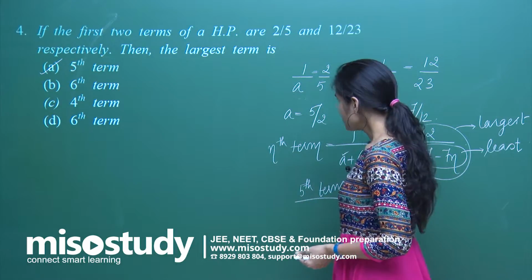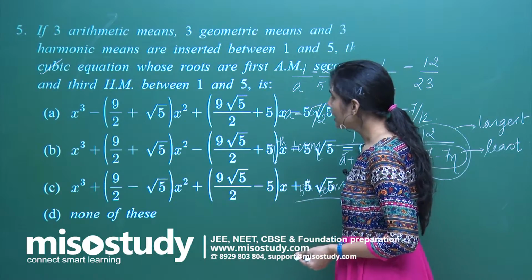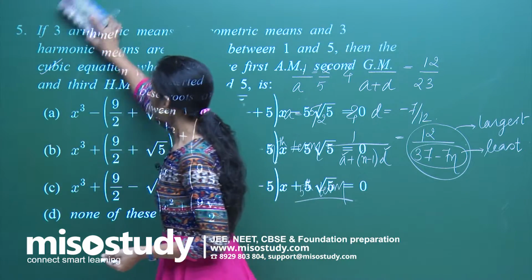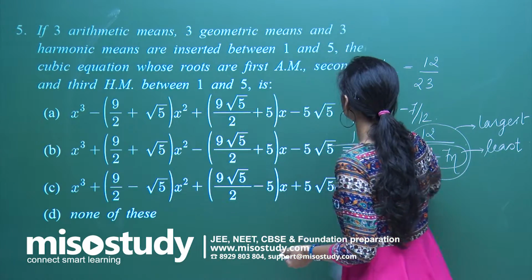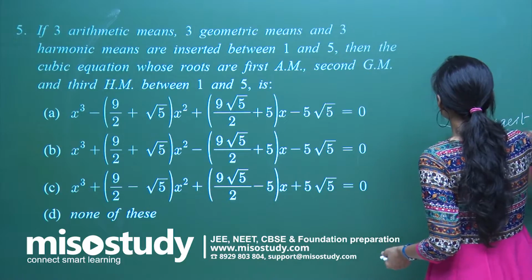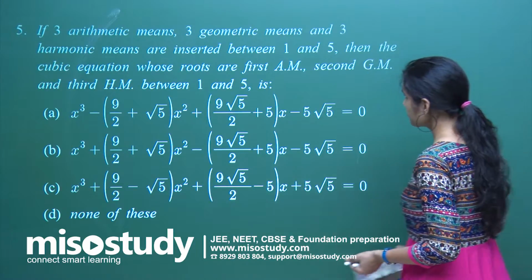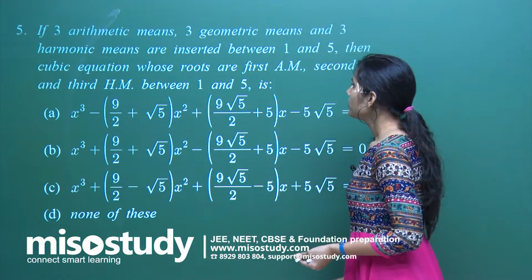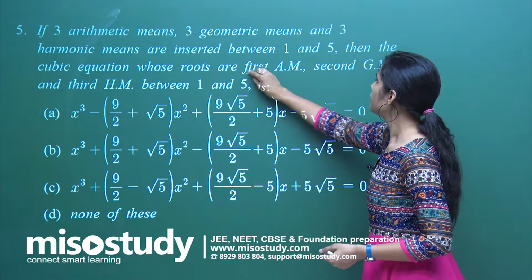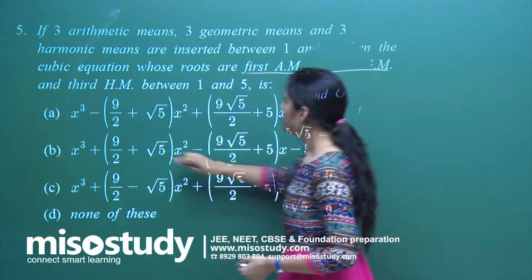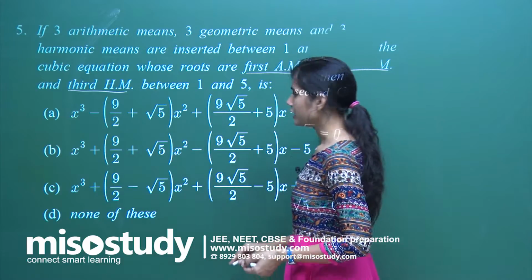Okay. What is the next question? Let's see, if 3 arithmetic means, 3 geometric means and 3 harmonic means are inserted between 1 and 5, then find the cubic equation whose roots are the first AM, second GM and third HM between 1 and 5.